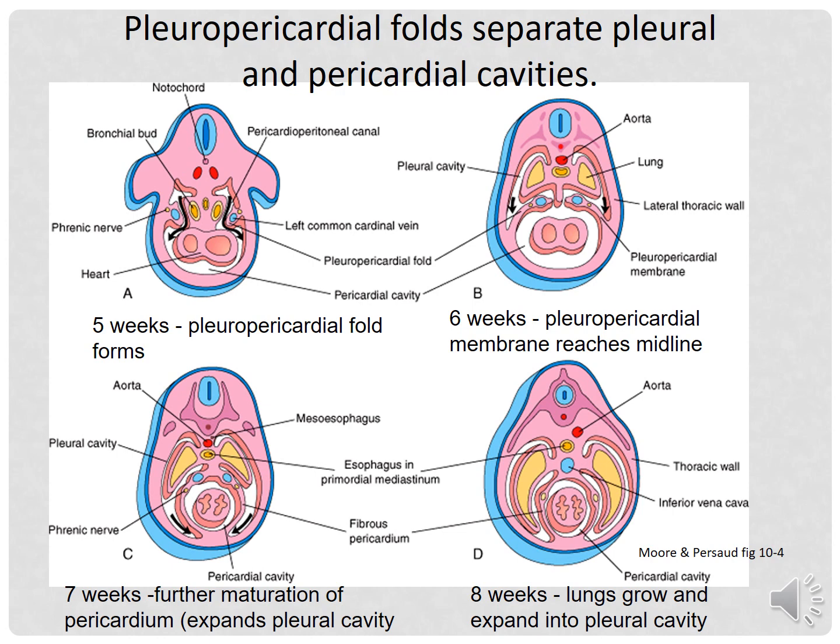All these pleuropericardial folds are mesodermal folds, and they initially arise from the lateral aspect of the body wall. Then they increase in size, approximate each other, and eventually meet in the midline and separate the pericardial and the pleural cavities.